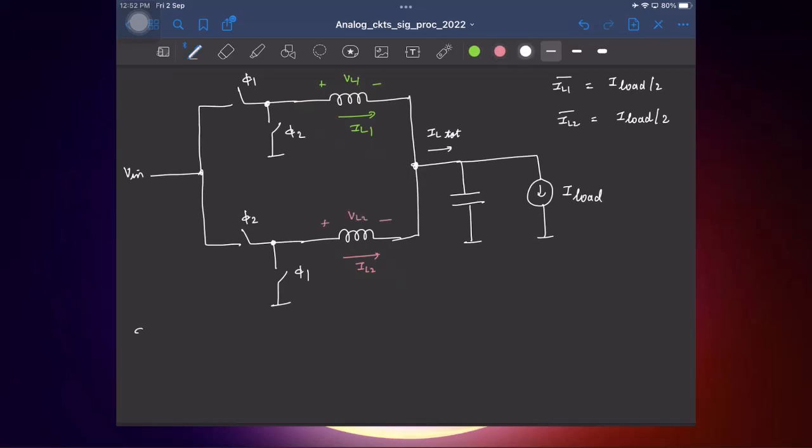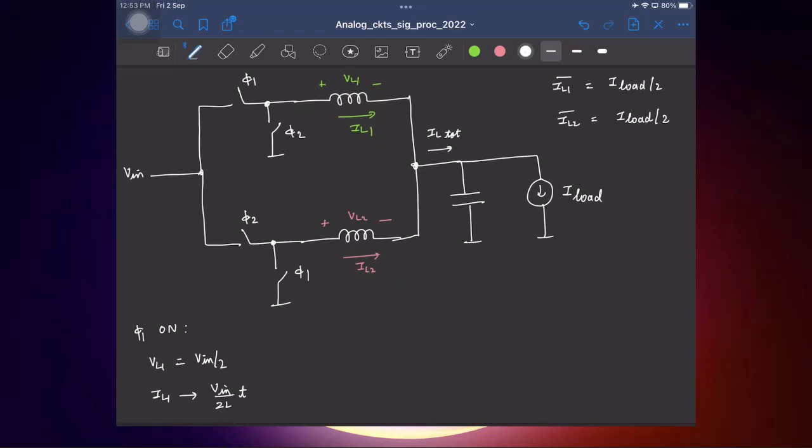Say when phi 1 is on, what is VL1? V in by 2. Okay, VL1 is V in by 2. So which means IL1 ramps up, and the slope as usual is V in by 2L.